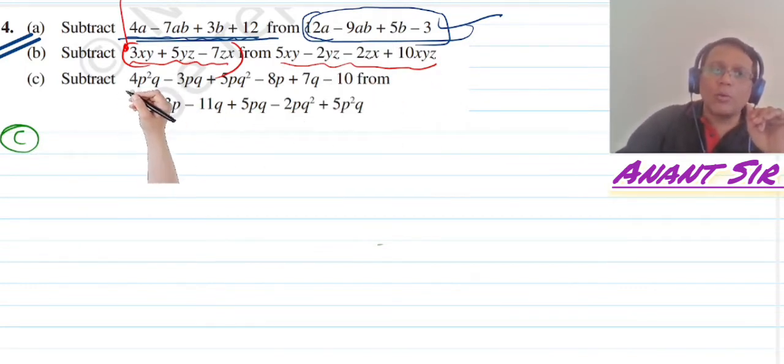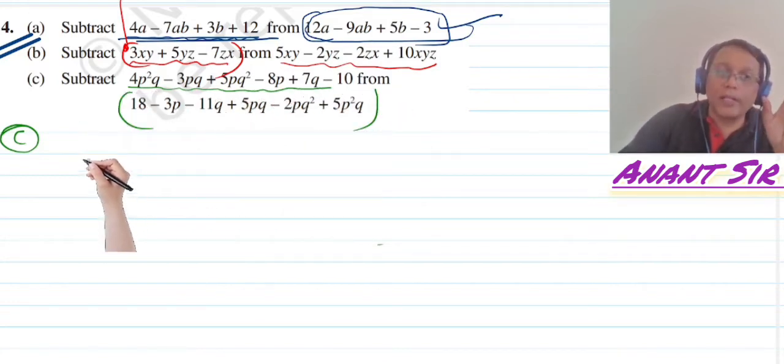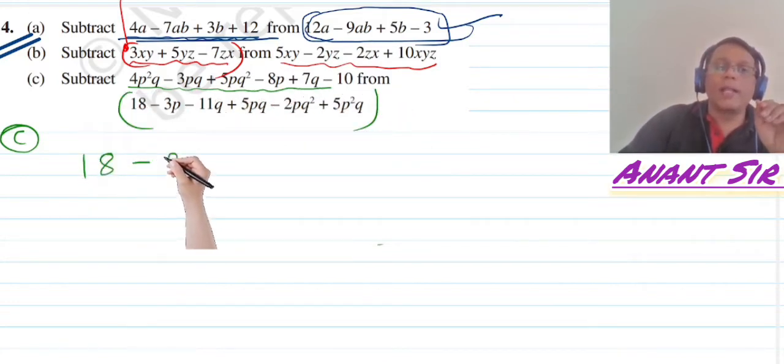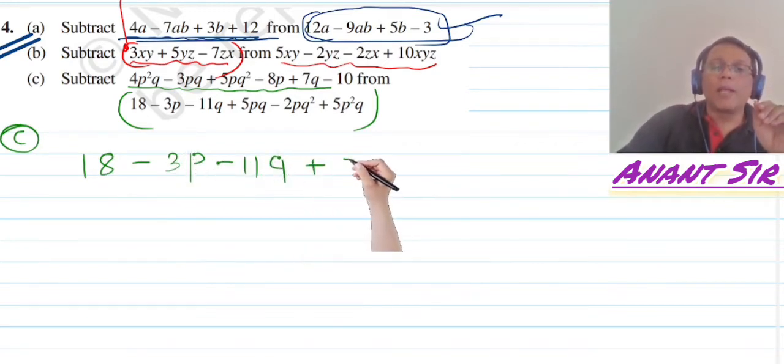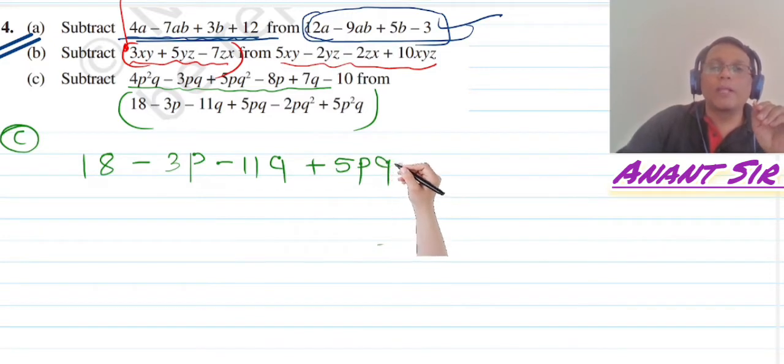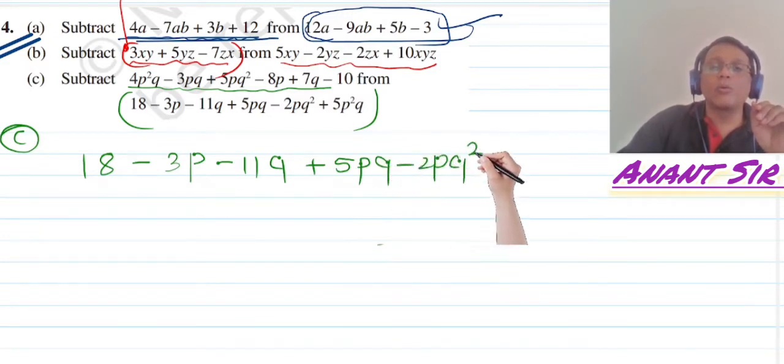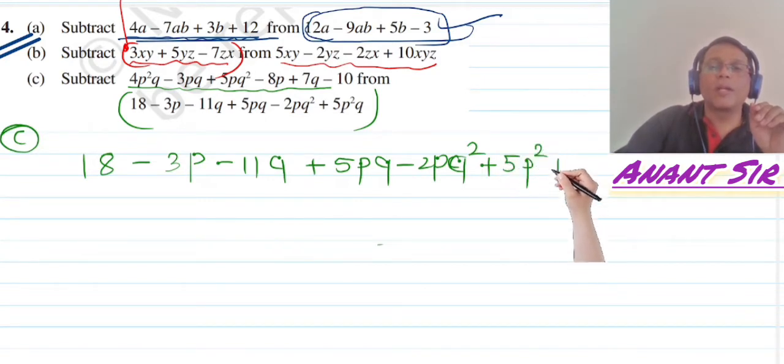So now you have to subtract this first term from this second. So I am going to write the second term first. 18 minus 3p minus 11q plus 5pq, then minus 2pq square, and then the last term is 5p square q.